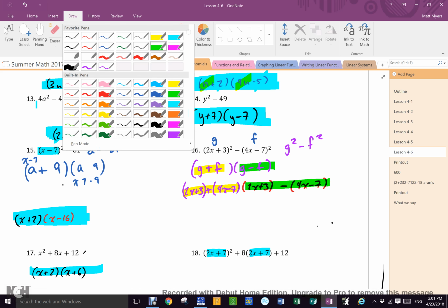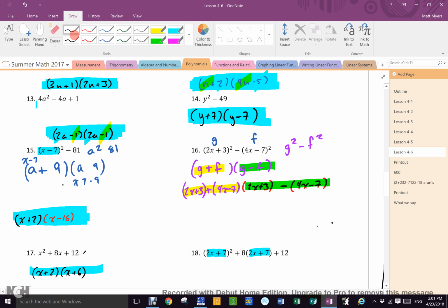In the yellow part, are there any like terms? Where? So I got 2x plus 4x, which is what? 6x. And I got 3 plus negative 7. What's that? Minus 4. Agreed? Are there any like terms in the green side? What? 2x minus 4. What's that?